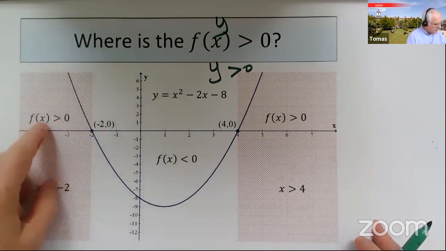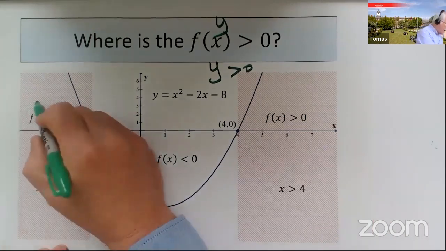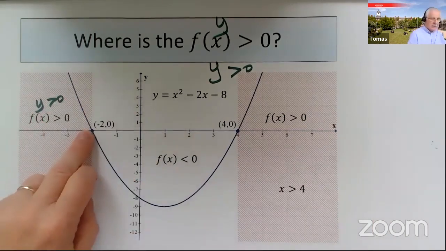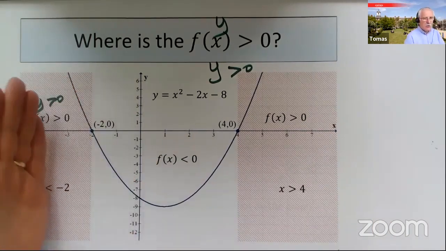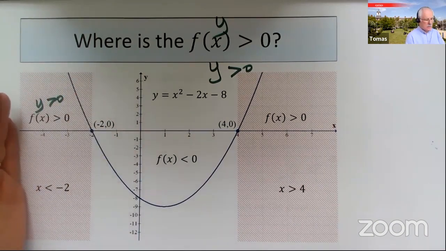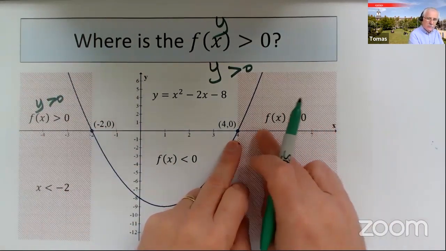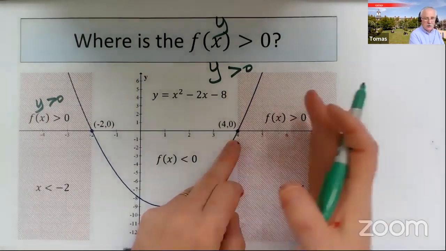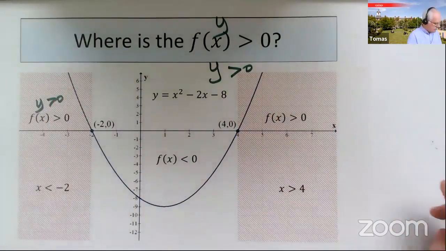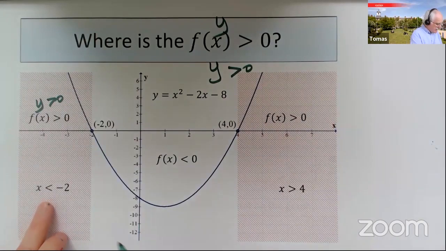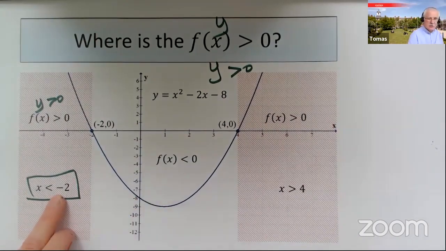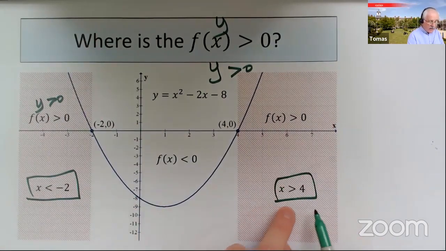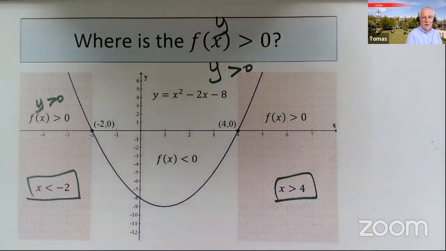So where f of x, or y, is greater than 0: here, where we're below -2, and where we're above 4, we're also above ground. So they're the two of those. So really what we're saying is that when x is less than -2, and when x is greater than 4, we're above ground.